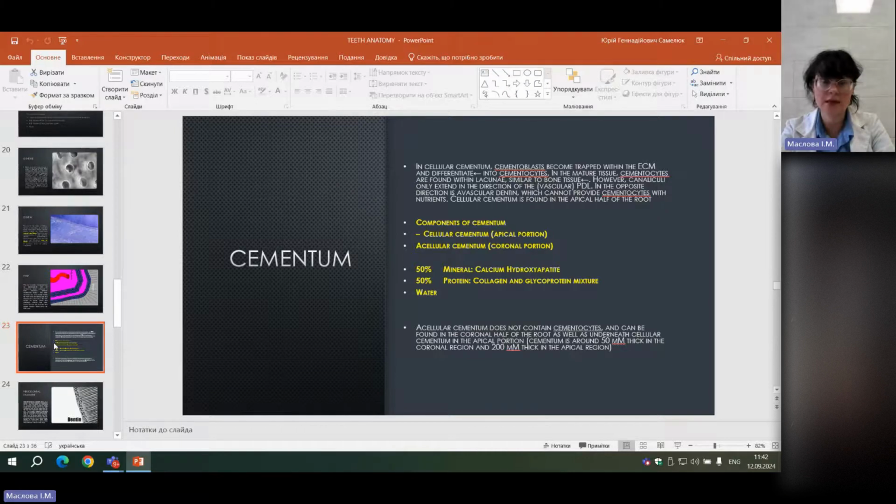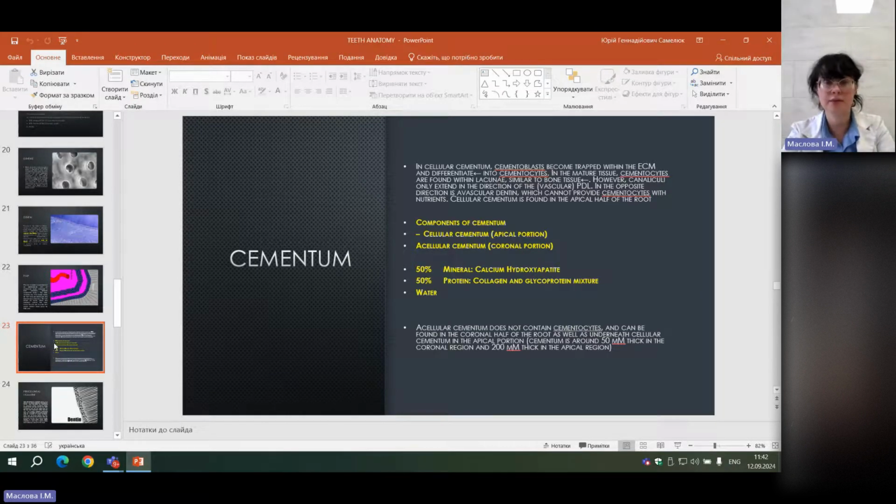Components of cementum: cellular cementum, in the apical portion of the root. Acellular cementum exists in the coronal portion of the root. It is 50% mineral compounds, calcium hydroxyapatite, and 50% protein, collagen, and glycoproteins mixture and water.